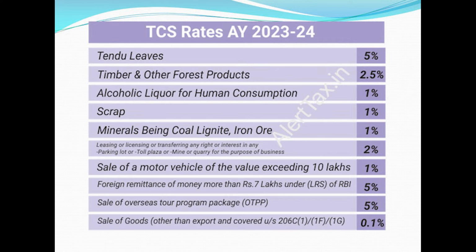For tendu leaves, the tax collected at source is 5%; timber and other forest products, 2.5%; alcoholic liquor for human consumption, 1%; scrap, 1%; sale of motor vehicle for a value exceeding 10 lakhs, 1%; foreign remittance of money of more than rupees 7 lakhs, 5%; sale of overseas package, 5%; and the sale of goods, 0.1%.